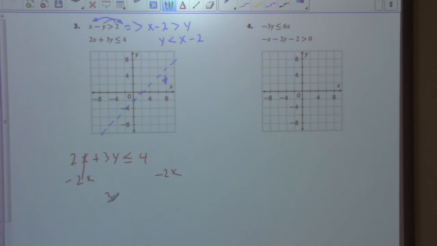So we have 3y is equal to and less than 4 minus 2x. We divide by 3. We have y is equal to and less than negative 2/3 x plus 4/3.